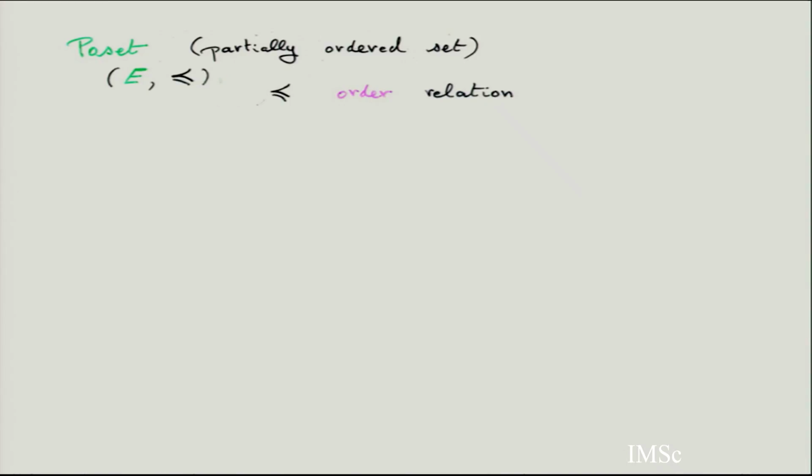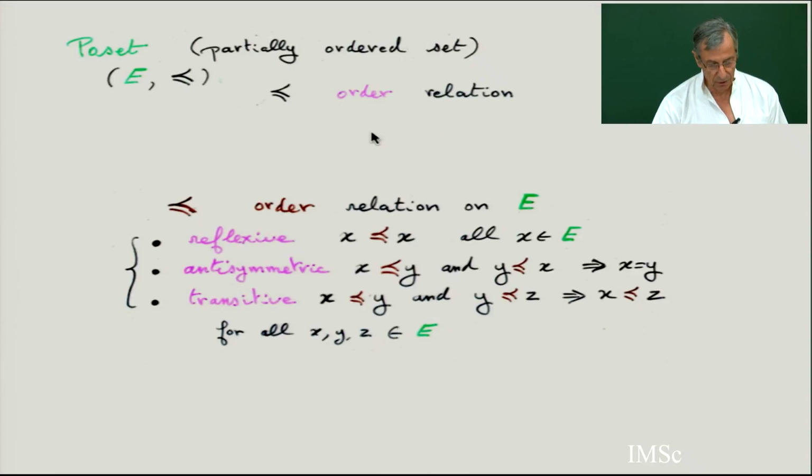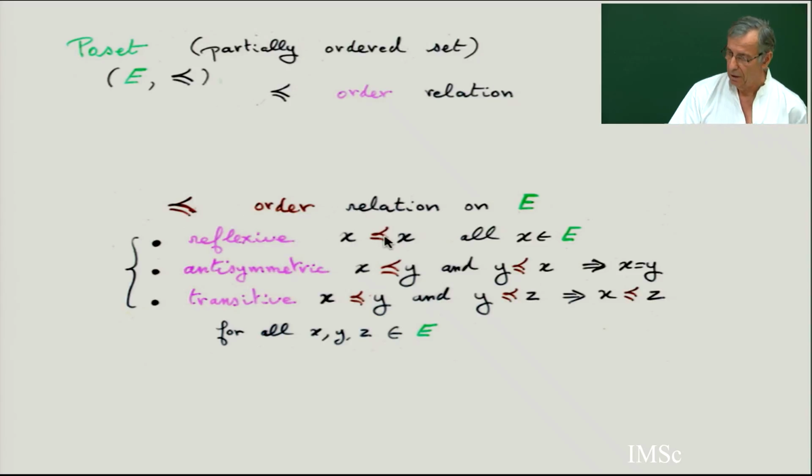So now this next section is about posets, partially ordered sets. So what is a poset? You have a certain set E and an order relation. I remind you that an order relation on the set E is just a binary relation which is reflexive: x is less or equal to x. It is antisymmetric: if you have x less than y and y less than x, then x equals y.